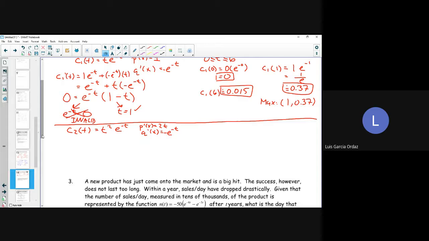So I want you guys to figure out where my max is going to happen, take the derivative of C2, factor it, and try to tell me where my max happens. So take around 5 minutes, and then if you are ready to type your answer, feel free to type in your answer. So again, I'll give you guys till 6:45 to try and figure this one out.